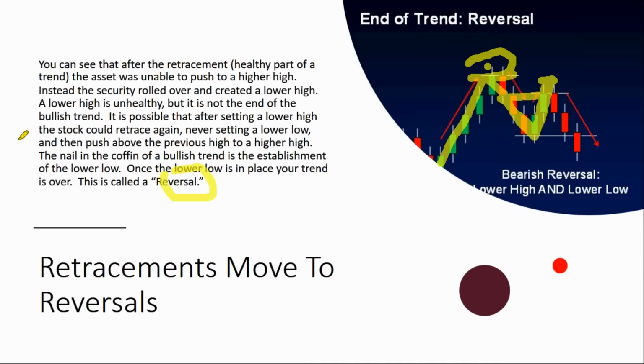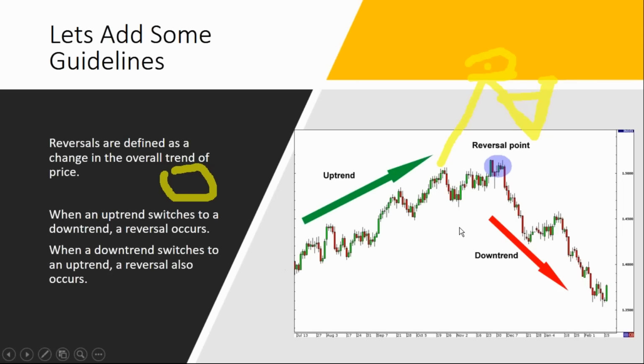Because remember, let me get my markings up here and go to a chart for you. When price is moving up and you put your trend line on a chart, whenever price breaks below that trend line, the trend has ended. So you want to see thrust, ease.